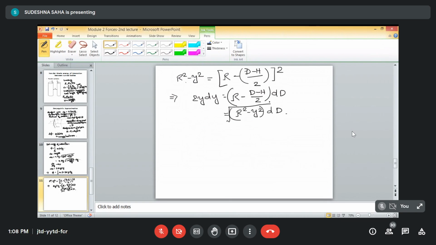Square root of r square minus y square into dd. So this one we can further write as r into square root of 1 minus y square by r square into dd, and we can approximate it as r into dd.